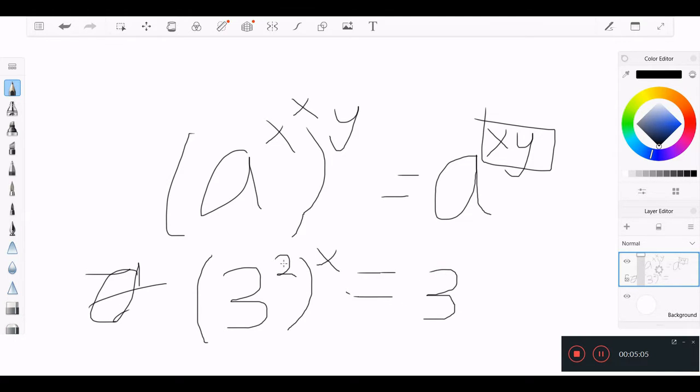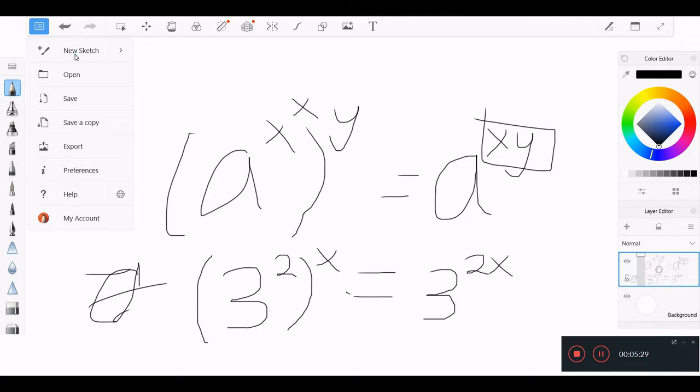But then you have to sum the power up. It's not sum, sorry, forgive me, this is multiply. You just multiply the power inside with the power outside the bracket. So you get 3^(2x). That's very simple.